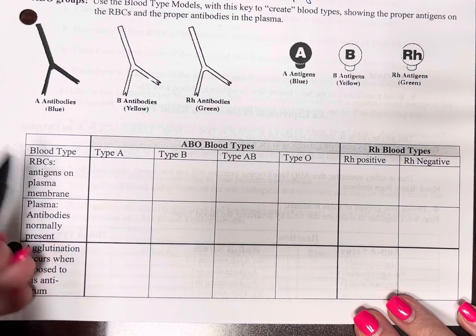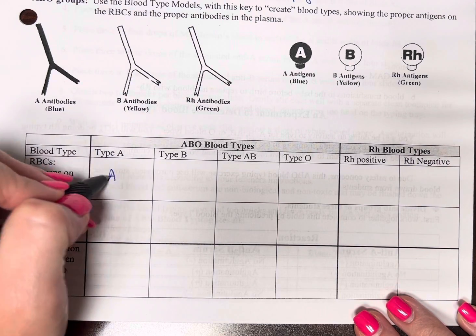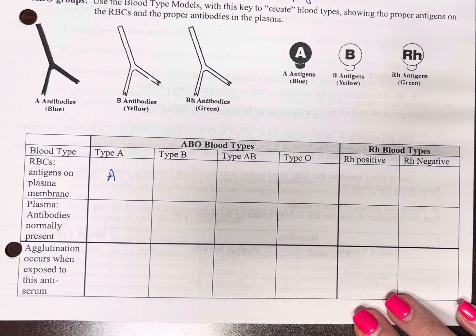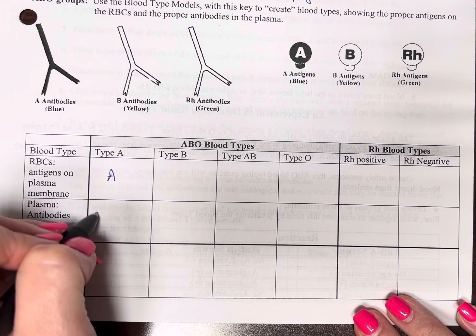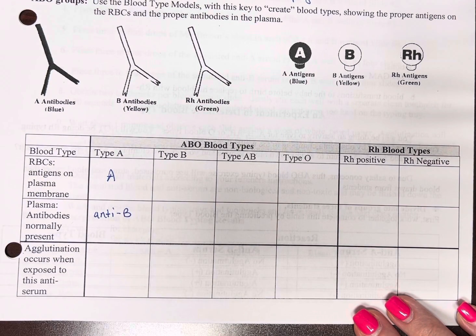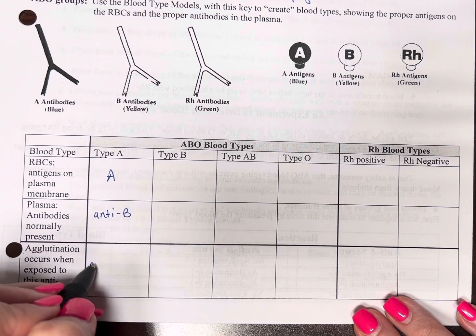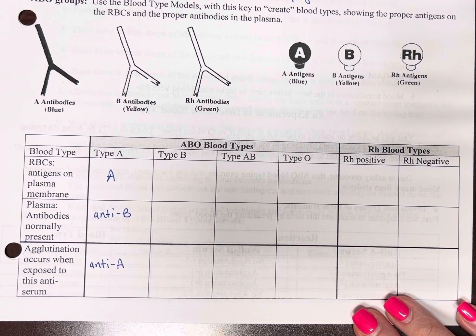So type A blood has on its plasma membrane A antigens. That means in the patient's body, they are normally going to have anti-B. Because when they're exposed to anti-A, you're going to get a reaction.